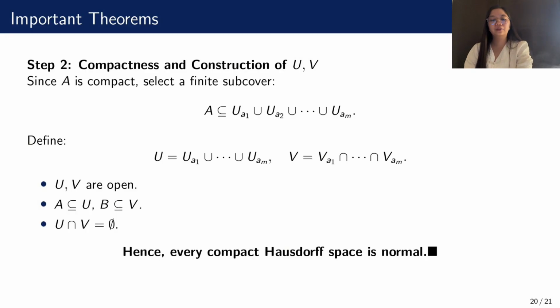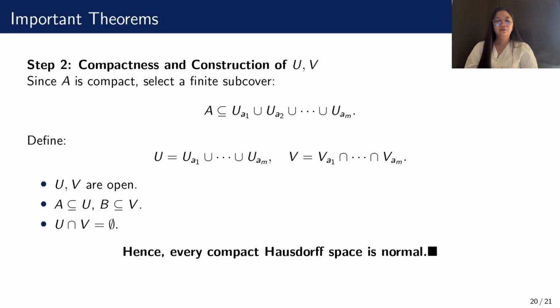So we combine all those open U's to form a big U, and then we take the intersection of all the V's to form a smaller V. This ensures that both remain open and still disjoint.